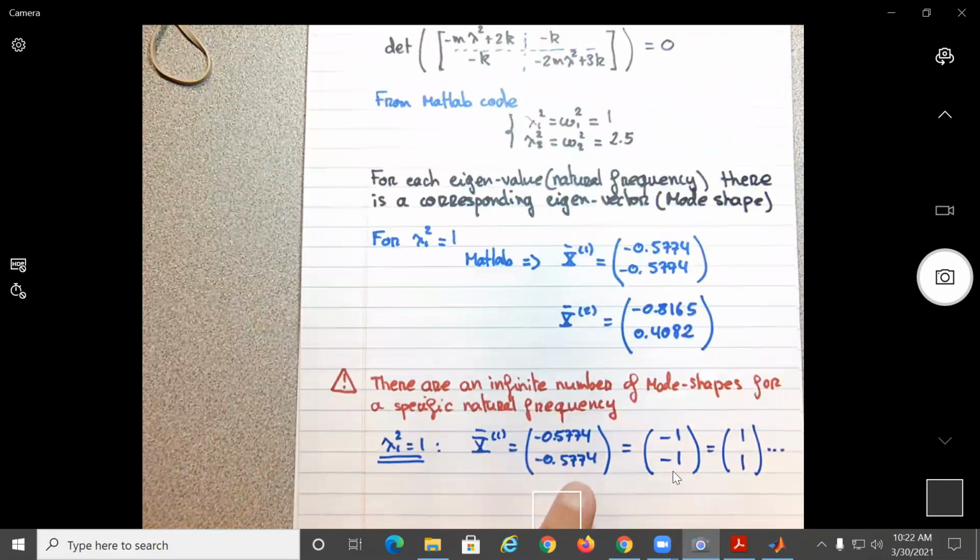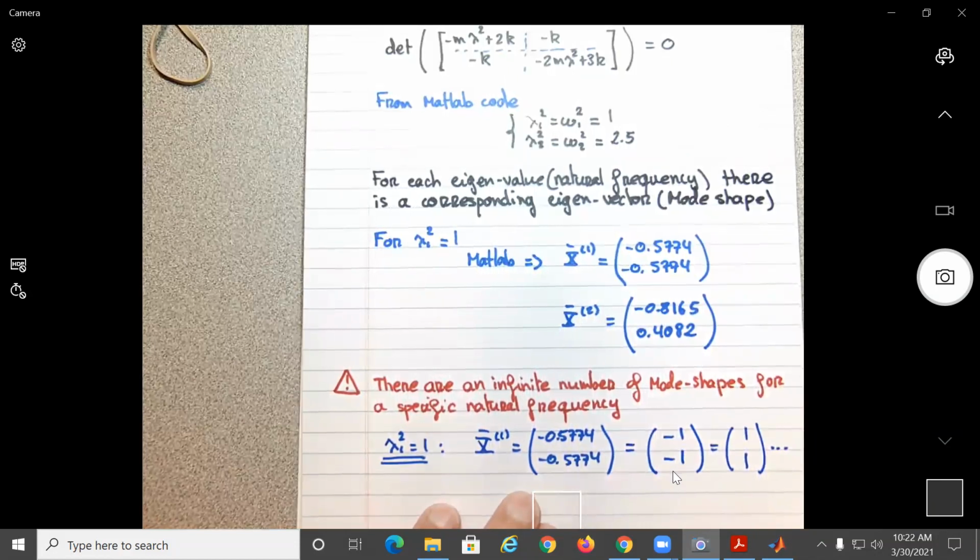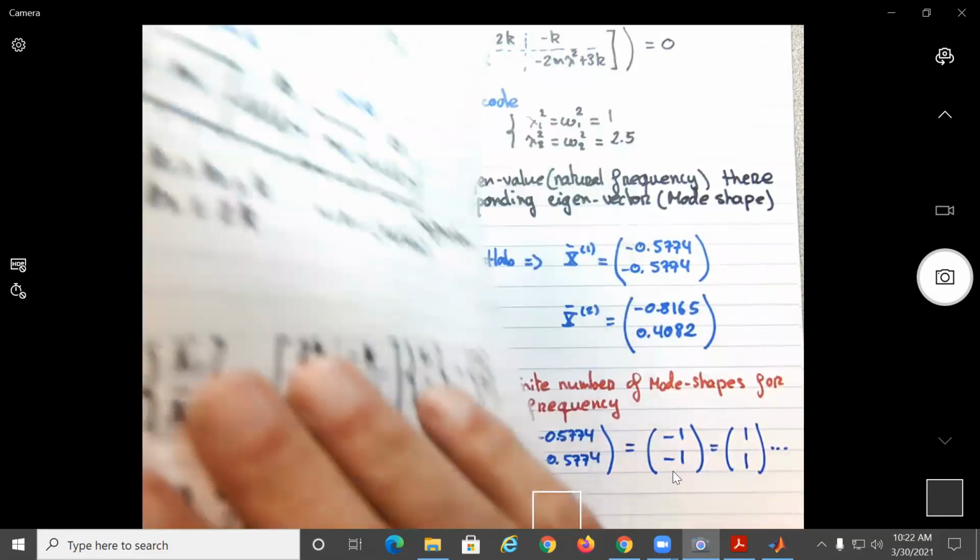It's like to define the direction of a line, you have an infinite number of vectors, correct? This is the same thing. The eigenvectors define the direction of a vector, but you have multiple vectors with different amplitudes, correct? Yeah? All right. So this is what we got.